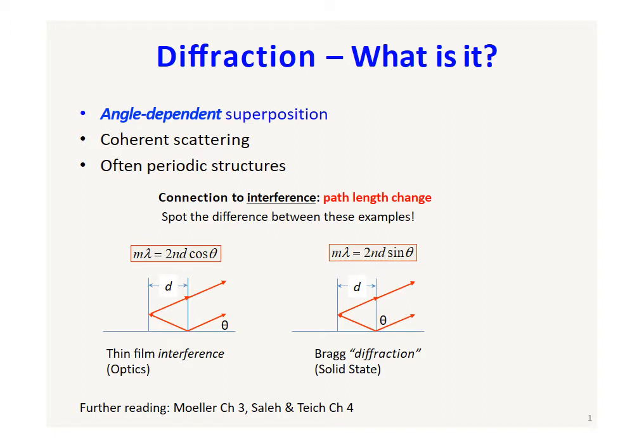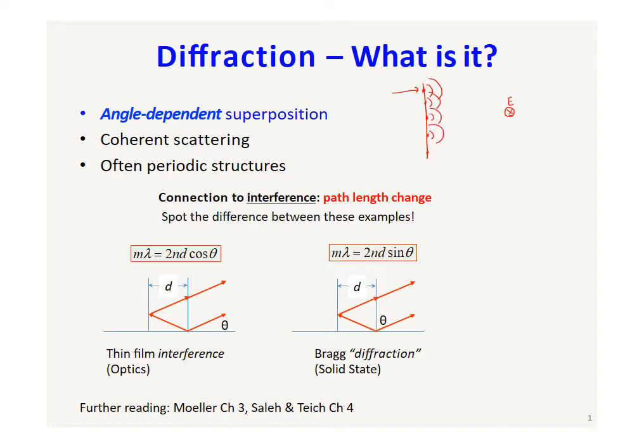In the classical picture, if we have a wavefront coming along and we want to know what the electric field is at some distant point, what we do is consider that every point on that wavefront is the source of a secondary wavelet, and those secondary wavelets are spherical.